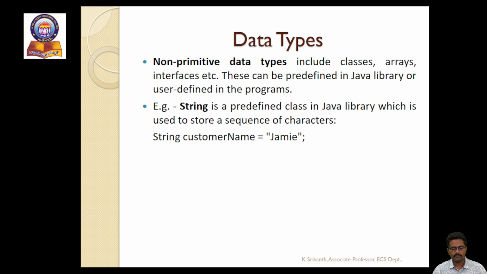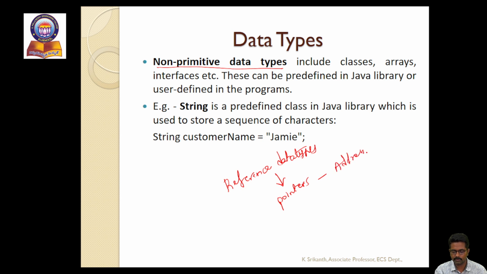Now we divert our focus to non-primitive data types, which are also known as reference data types. Generally, the word reference is related to pointers, right? And we all know what a pointer can store, that is the address.